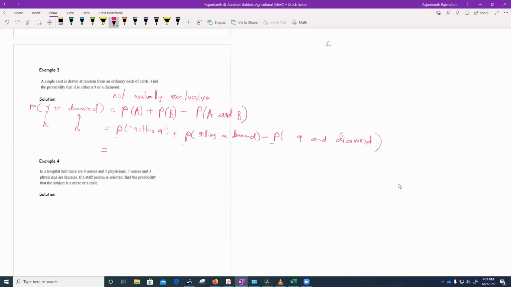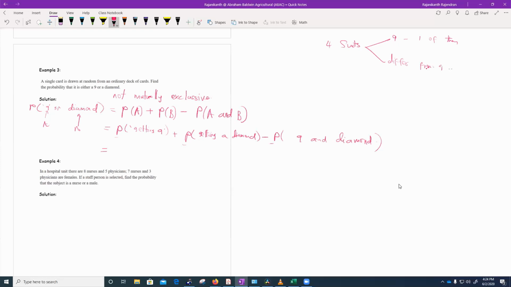Remember, there are four suits, right? Each suit has 13 cards. So each has one 9, right? The remaining are all different from 9.